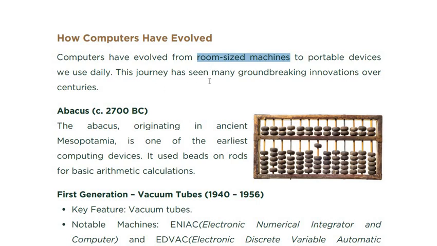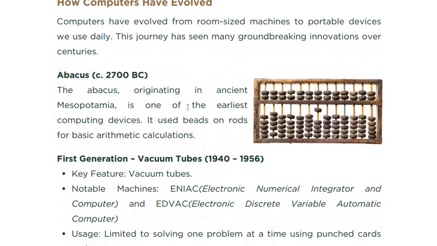So this journey has seen many groundbreaking innovations over centuries. First, we will start with the Abacus. The Abacus, originating in ancient Mesopotamia, is one of the earliest computing devices. It uses beads on rods for basic arithmetic calculations.